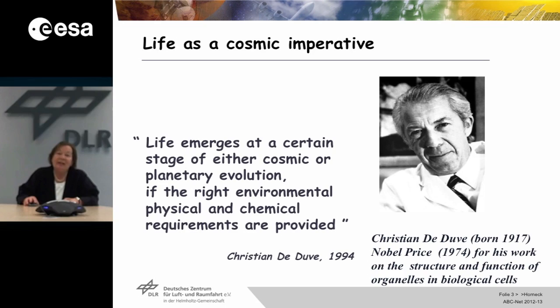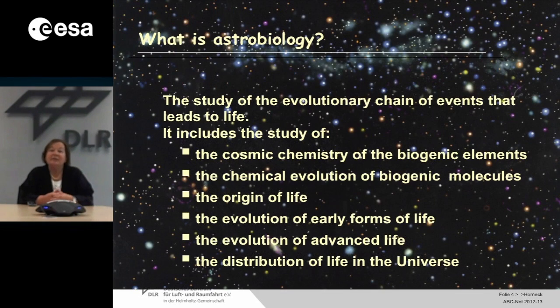But that means that in astrobiology we have to study the whole evolutionary chain of events that finally leads to life. That includes that we first have to understand how the elements that are necessary for life are formed in the evolution of our cosmos.